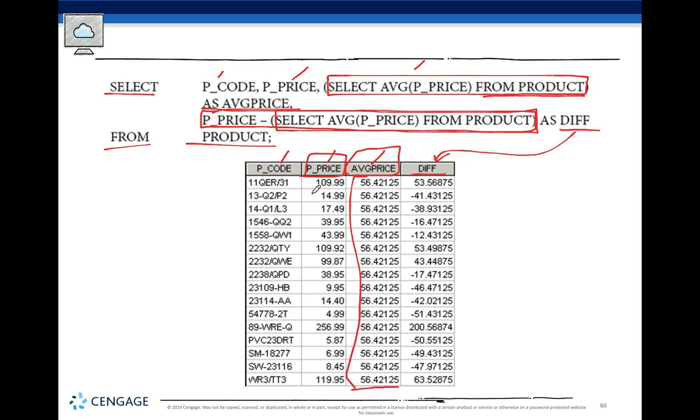So 109.99 minus 56 something will give you 53 something. Where the average price is greater, for example here 14.99 minus 56 something will give you a negative number, negative 41 something, and so on. This again is an example of a subquery that's embedded in the select clause of the outer query.